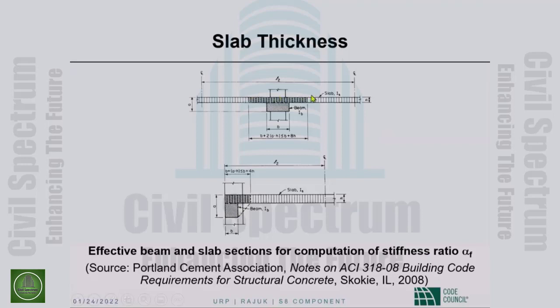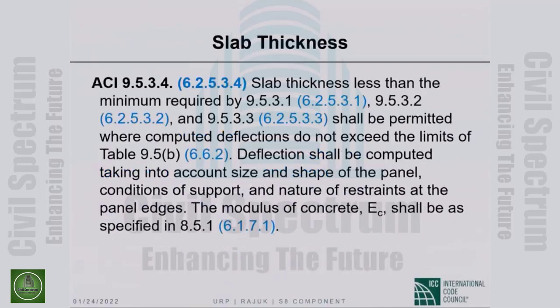If you look at the two pictures, you will see it's quite clear. The beam is the shaded portion, including a part of the slab, and alpha sub f is the beam stiffness divided by the slab stiffness, the slab being the panel to panel width of the slab. That's alpha sub f.